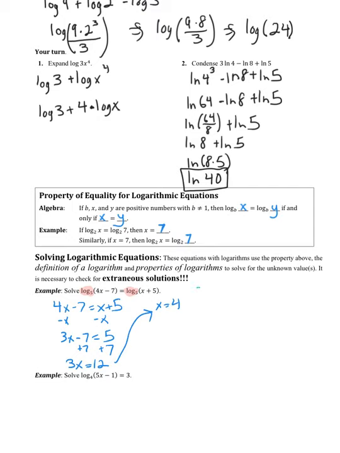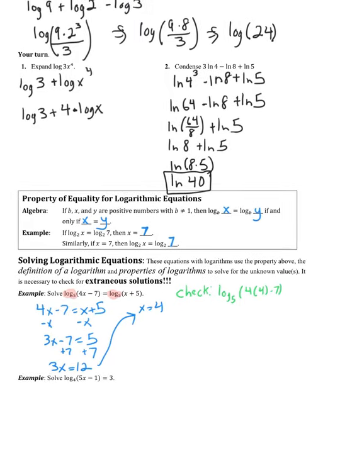Once we get our answer, we're going to need to check it. Go back to the very beginning, and we'll just say log base 5 of 4 times 4 minus 7 equals log base 5 of 4 plus 5.